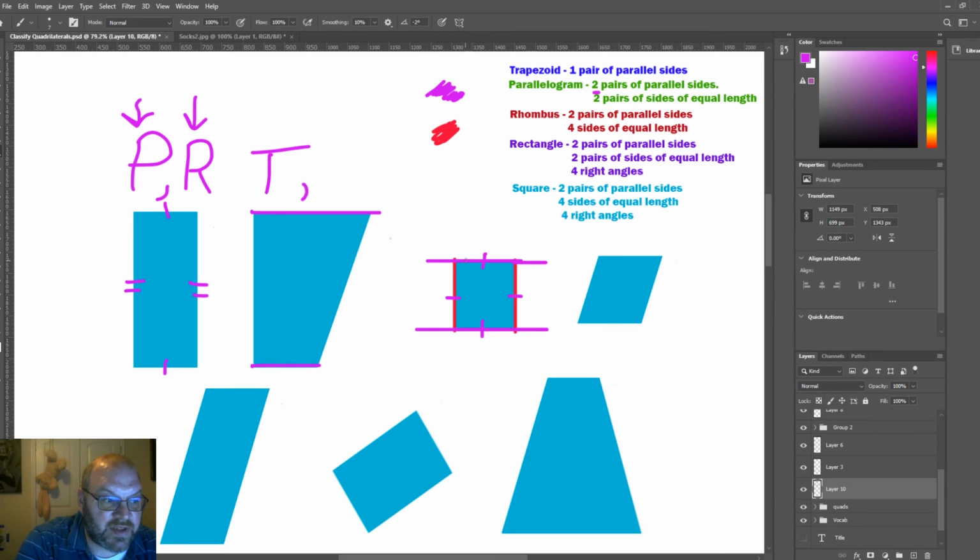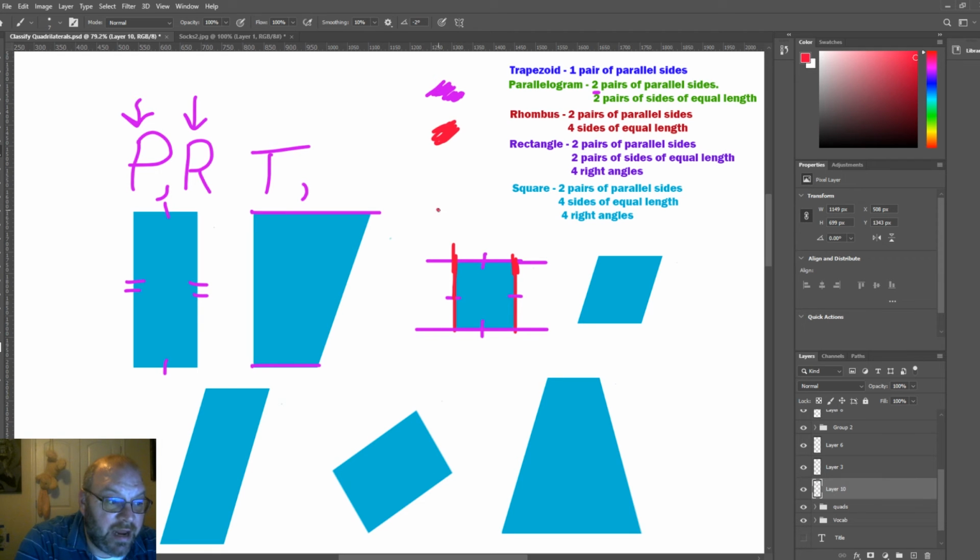That's one pair, and those are equal. Then we look at our red sides. These sides right here. Are those equal? Yes. So our pizza socks are equal, and our dog socks are equal. So that's two pairs of sides of equal length, right?